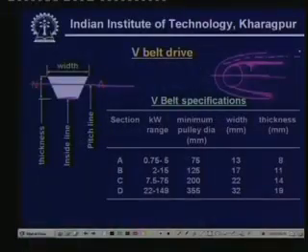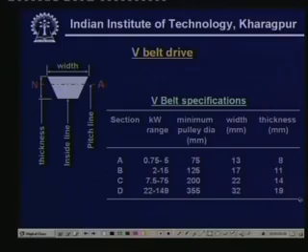Okay. So, this is the cross section of a V belt as it is given in this figure. And next we will see these V belt specifications. What are the V belt specifications we understand?